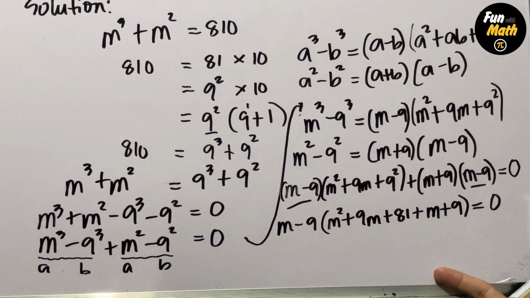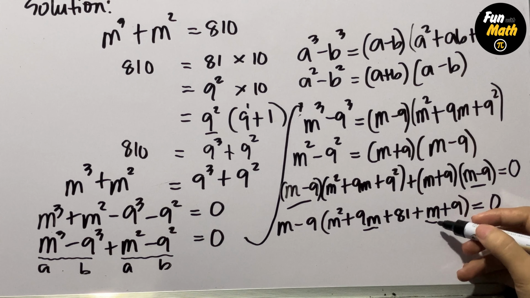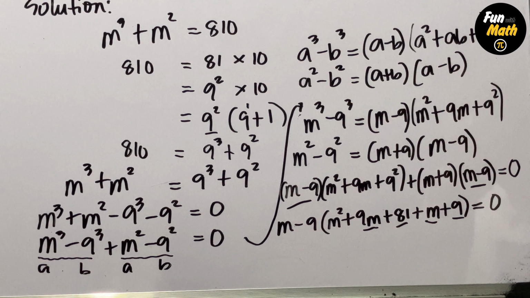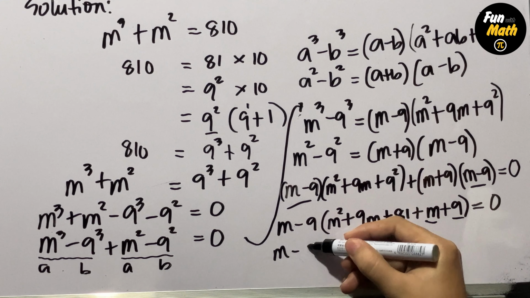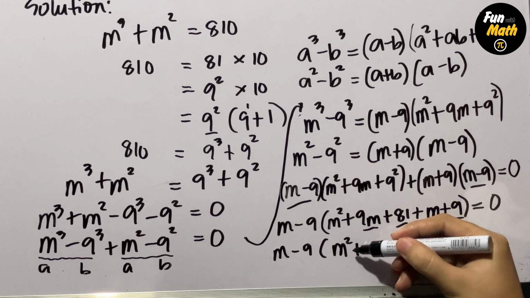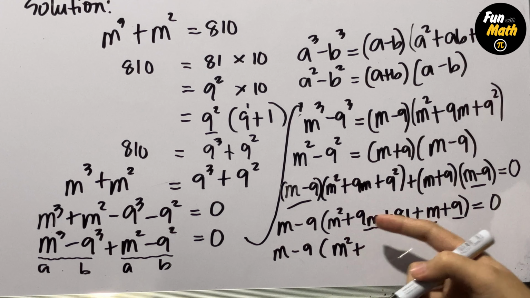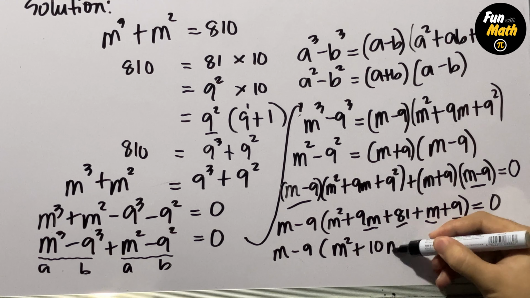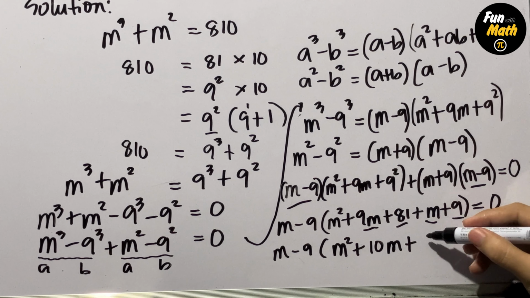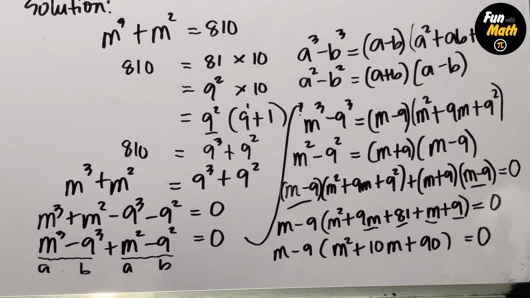Now combining like terms, for this we have 9m plus m, and then 81 plus 9. So this is now (m minus 9) times (m squared plus 9m plus m, that is 10m, plus 81 plus 9, that is 90) equals 0.